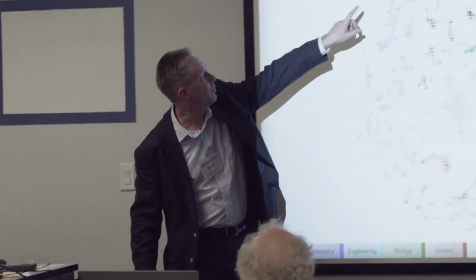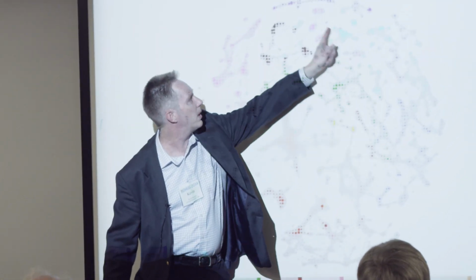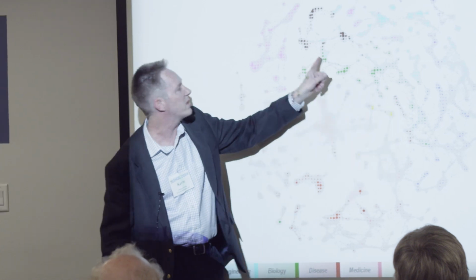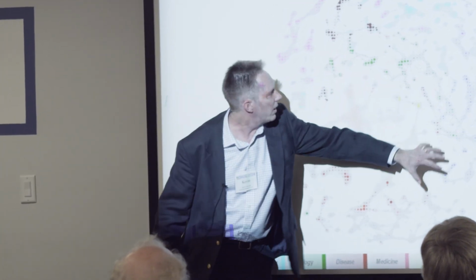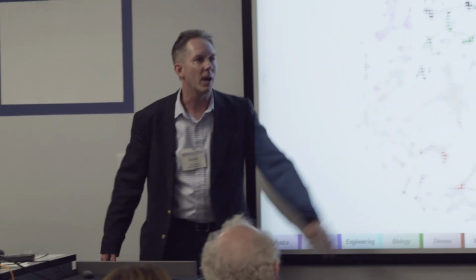There's a lot of them in the computer sciences, but when you get over here into chemistry and physics and biology, some areas of biology have a lot of books, but everything over here, the fraction of what's cited, there's far less books than there are over here on this half of the map.